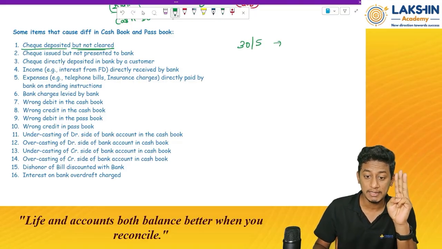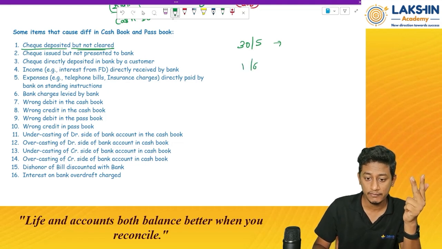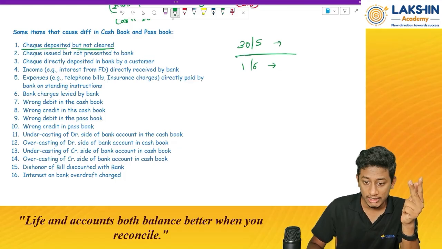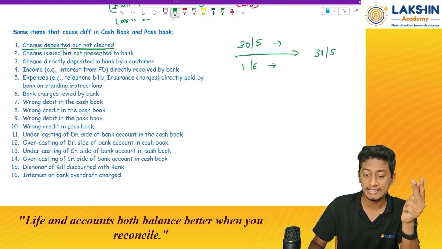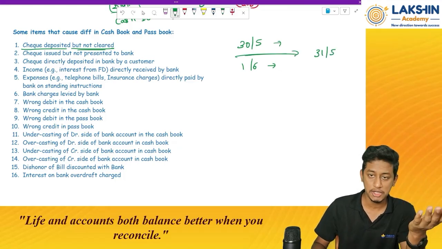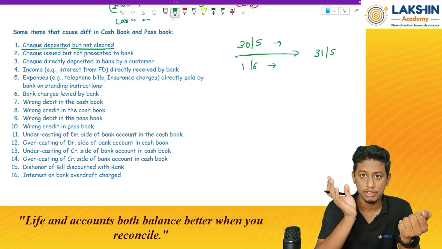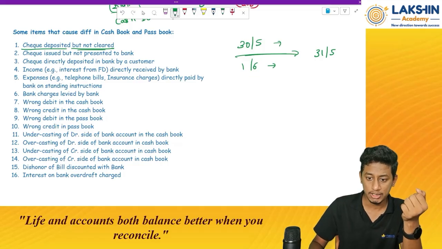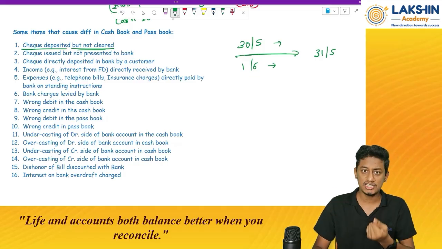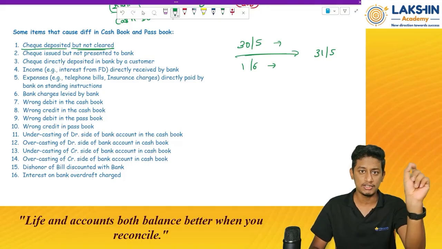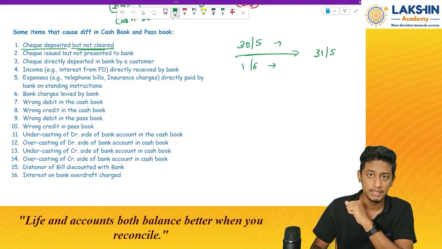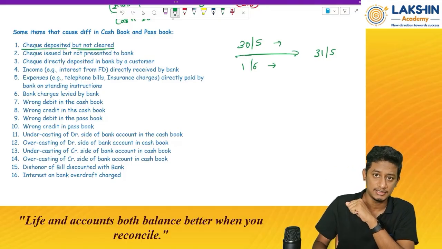So when will this cheque be cleared? 30th May, 31st May, on 1st of June. If on 31st of May, I sit and tally both my books, my cash book and my passbook, will both match? No. Because in my cash book, once I receive the cheque, I make the entry saying that this cheque is received and so much amount will be received on the debit side, because it's a receipt transaction, debit side increases, right?